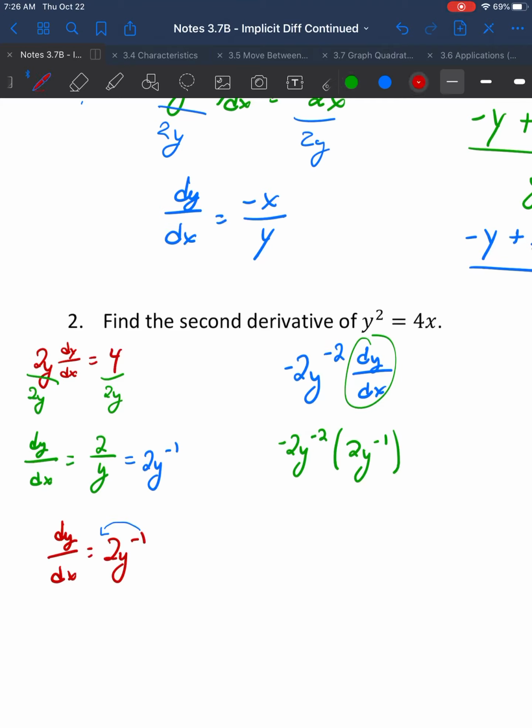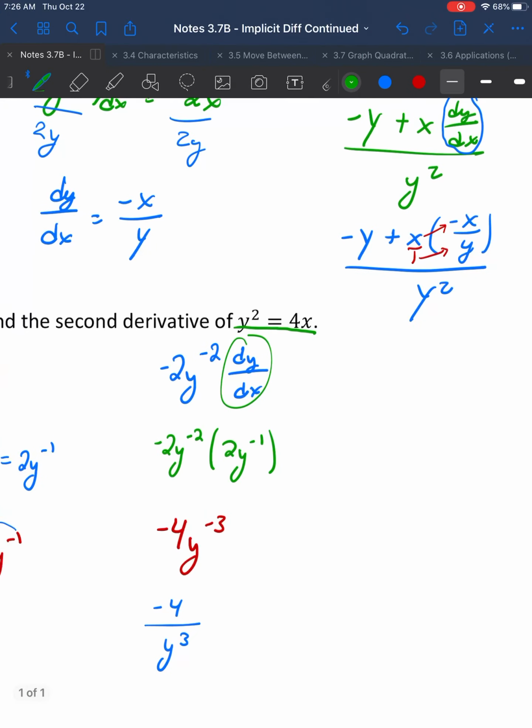Now I'm going to replace dy dx with what I know it equals. So I would have negative 2y to the negative second times, what was dy dx? That was 2y to the negative first. Negative 2 times 2 is negative 4y to the negative third, which then is negative 4 over y cubed.